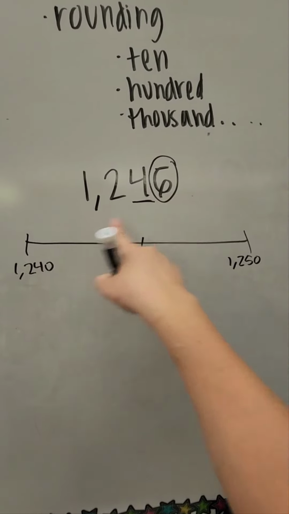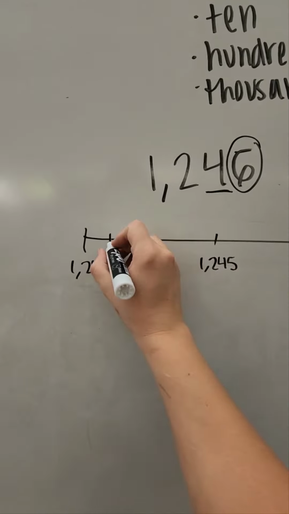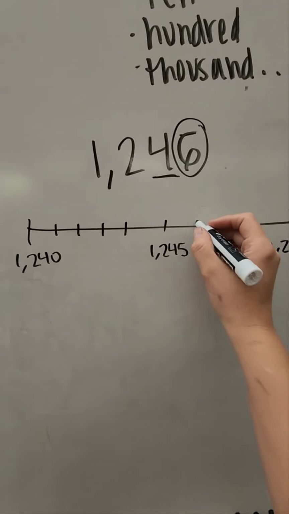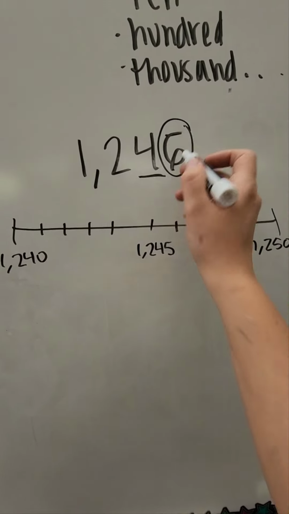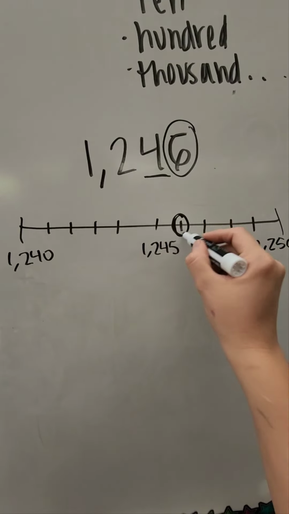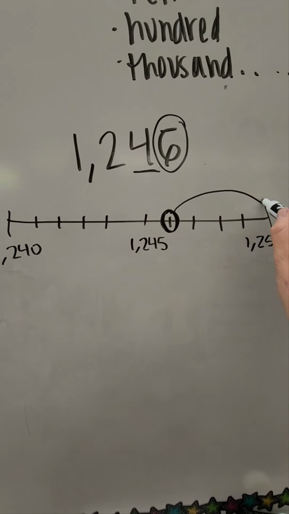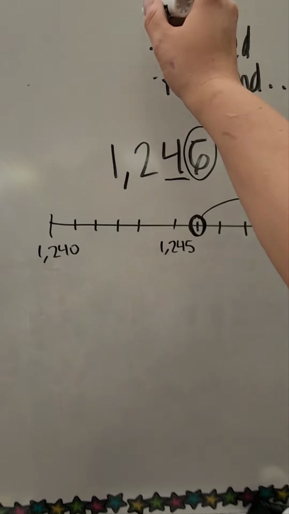Okay, and then I put this on my number line. So I have 40, 41, 42, 43, 44, 45, 46, 47, 48, 49, 50. So 46 is right here. And so it is closest to 1,250. That's to the nearest 10.